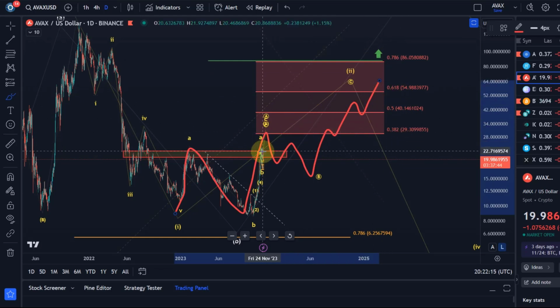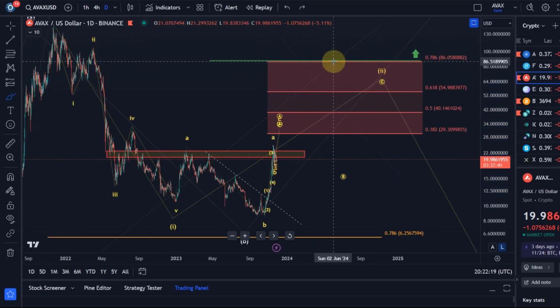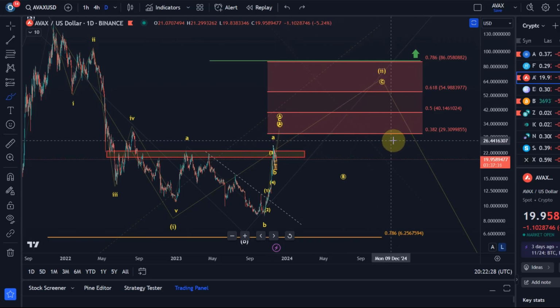It's a large area, yes, but what we know is that typically, and we can only talk about ideal structures, the A wave, which is this first 3-wave move, typically reaches the 38.2 retracement. That is at around $29 to $30.